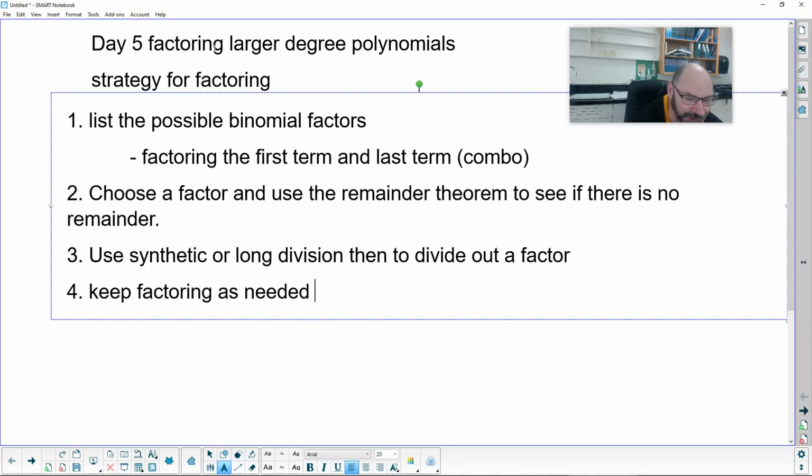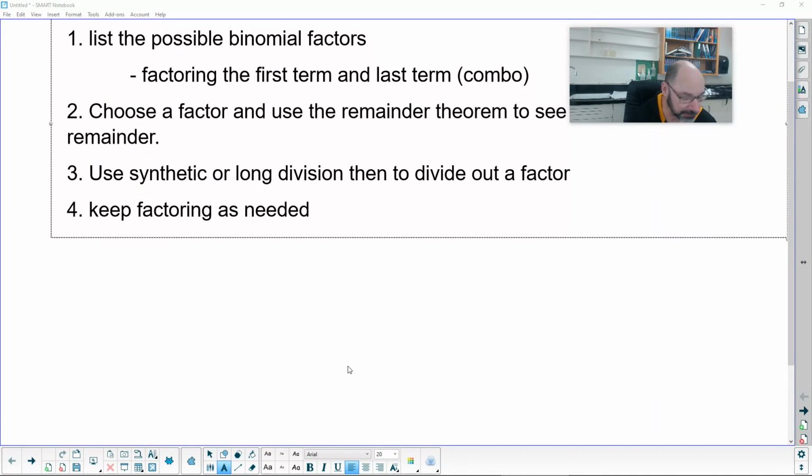Okay, let's take a look at doing some examples. Let me pop some up here. Okay, so let's say we have this expression.